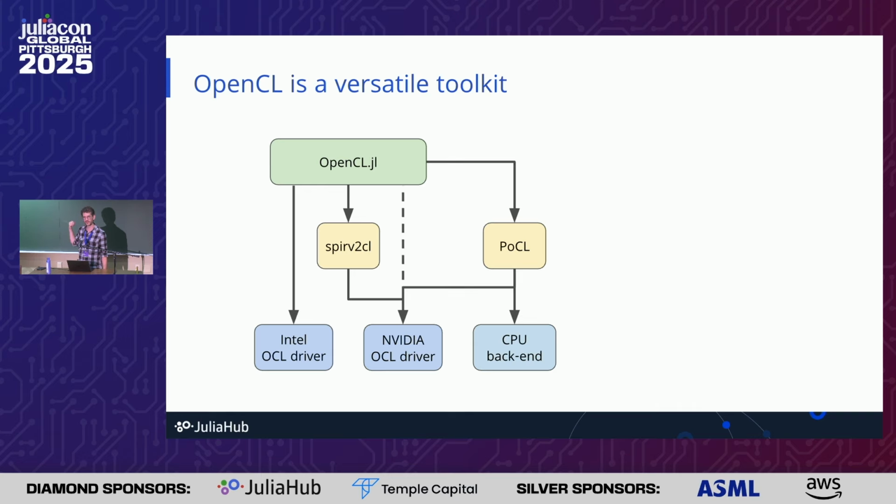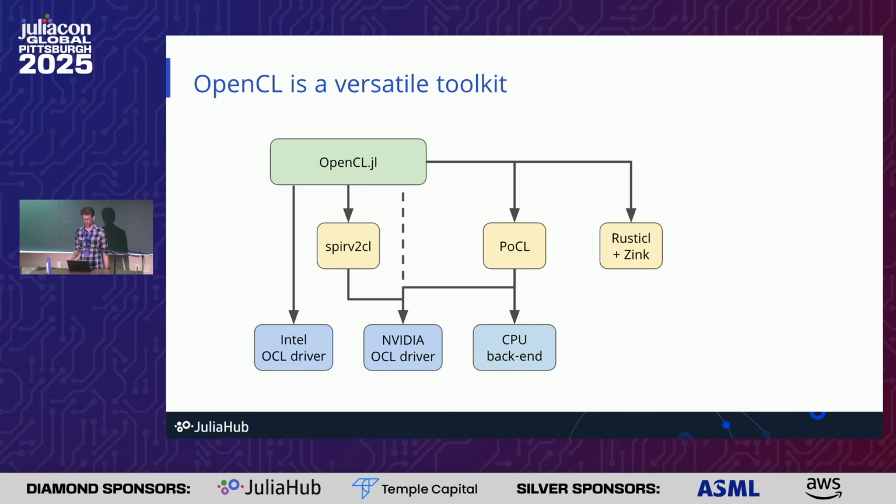And again, for the NVIDIA driver, that's not particularly relevant, but this may be relevant for embedded GPUs because there's many embedded devices which have an OpenCL driver, but that OpenCL driver only supports OpenCL-C input. So with this, it may be possible to extend the reach of the JuliaGPU ecosystem to all of these embedded devices that support OpenCL.